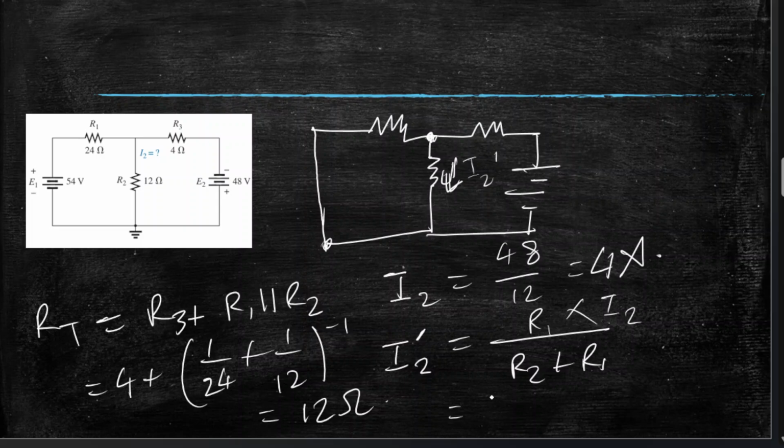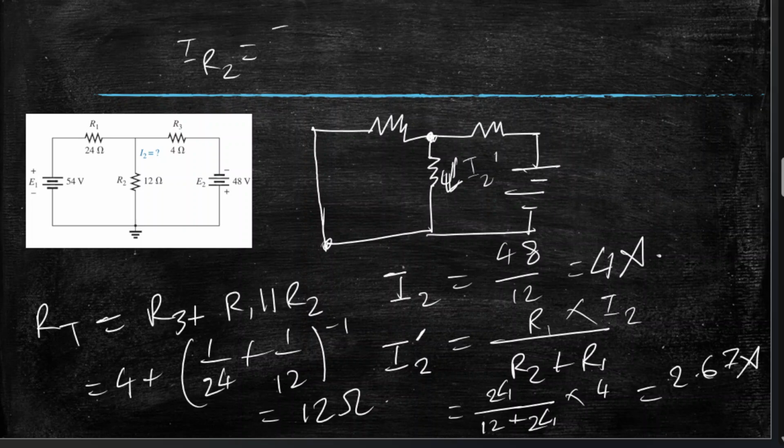So R1 is 24 over 12 plus 24 times 4 amperes, and that equals 24 over 12 plus 24 times 4. That's 2.67 amperes.